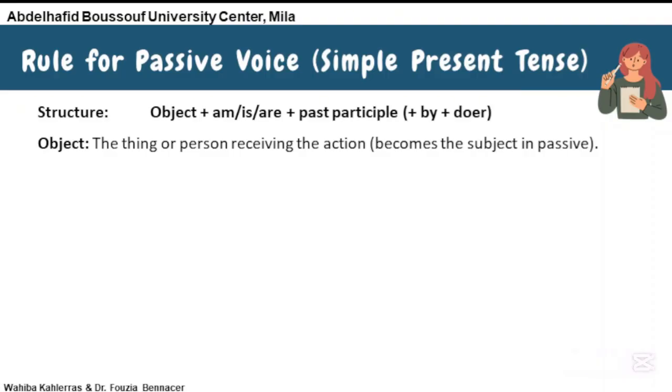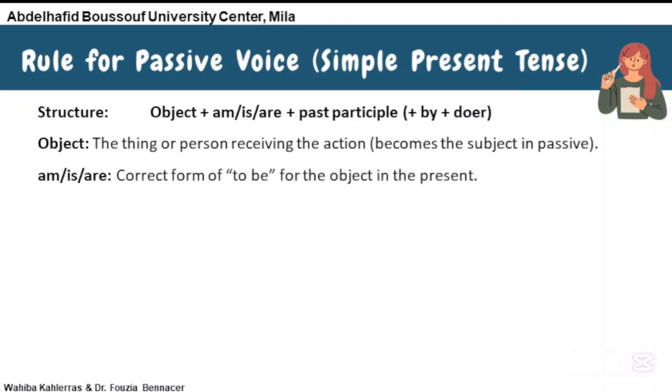Then we have am, is, are, which are basically the verb to be in the present. With I use am, with she, he, it, is, and with they, we, you, we use are, depending on the object with which the sentence starts. Then I place the past participle. In regular verbs, past participle equals verb plus ed.